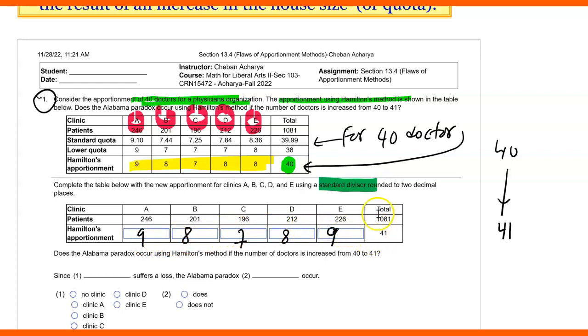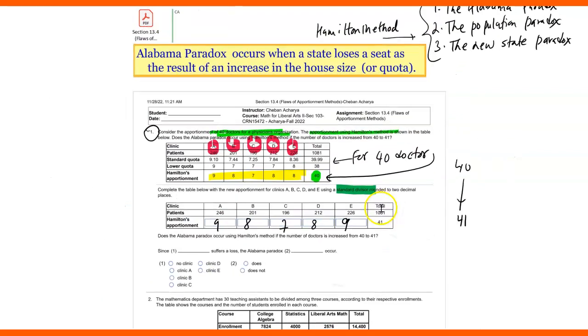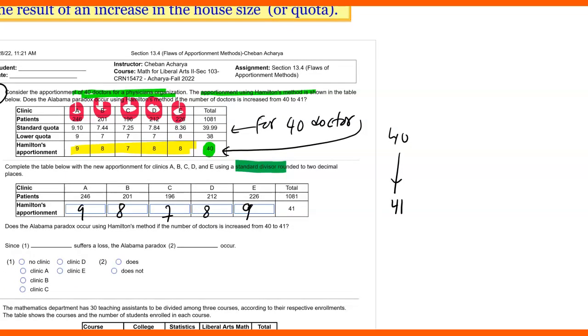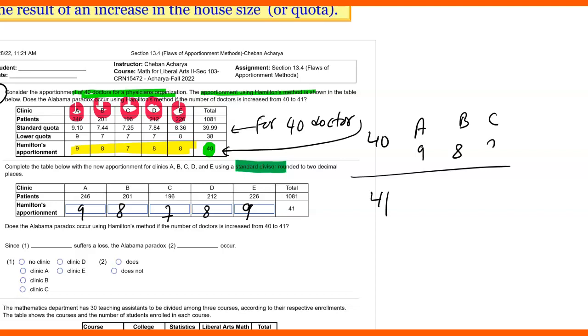Now let's do the comparison. Let's see what happens. Does any group lose an item? For 40 doctors, A got 9, B got 8, C got 7, D got 8, E got 8.